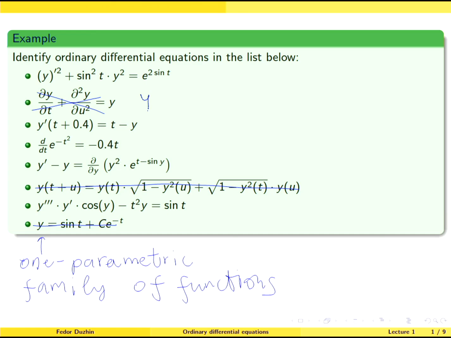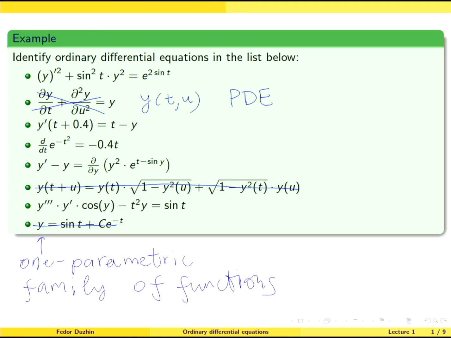So it means that the unknown function y is a function of two variables, t and u, where t and u are independent variables. And the equation here involves partial derivatives of the unknown function. So such an equation is called a partial differential equation, or PDE.